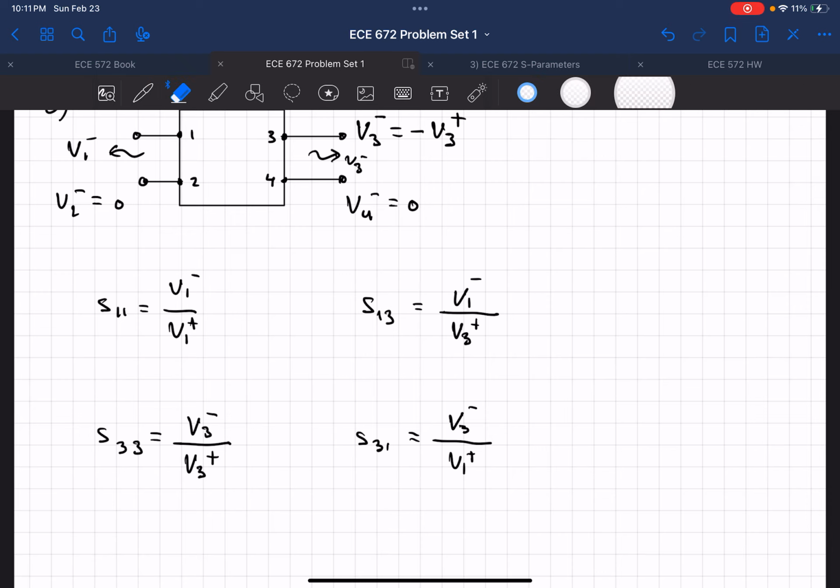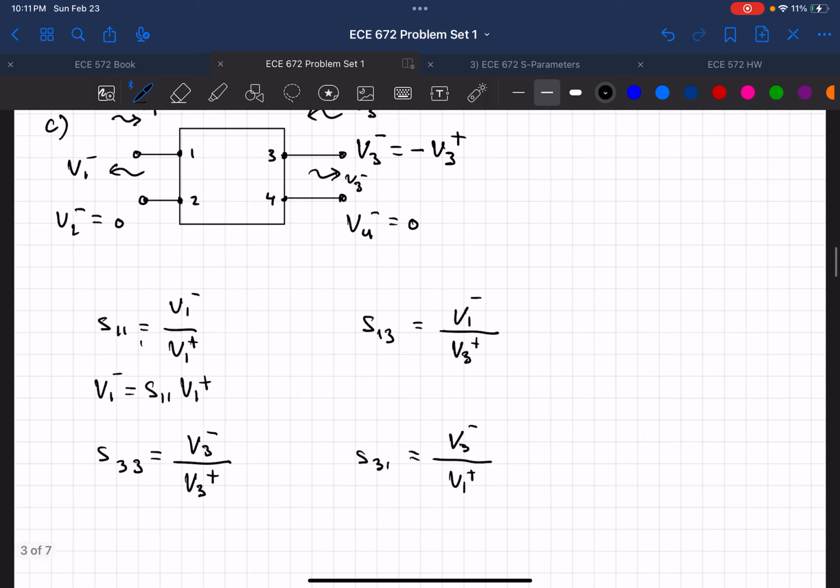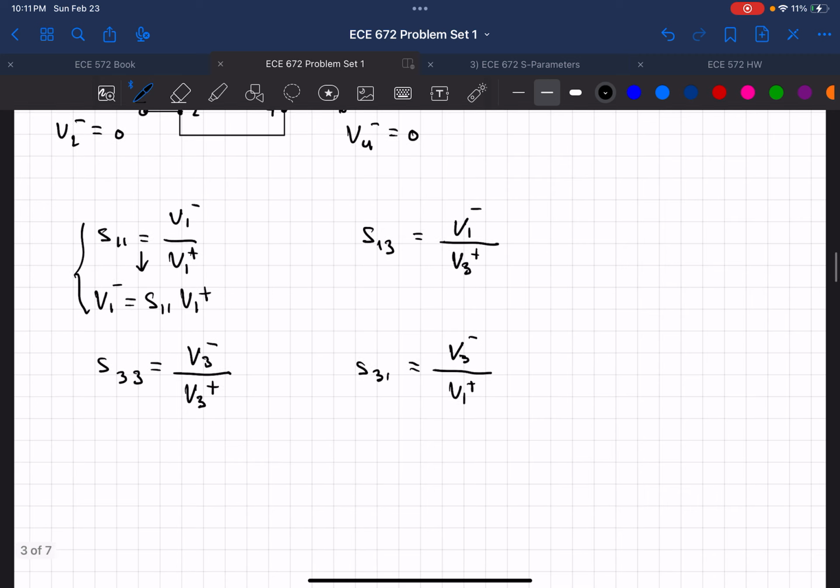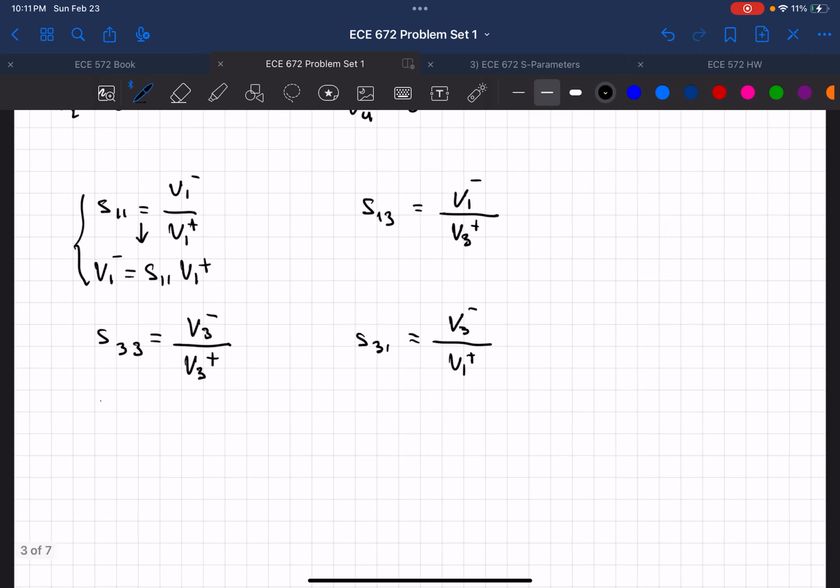S11 V1 plus is equivalent to V1 minus. V3 minus is equivalent to S33 V3 plus. V1 minus is equivalent to S13 V3 plus.